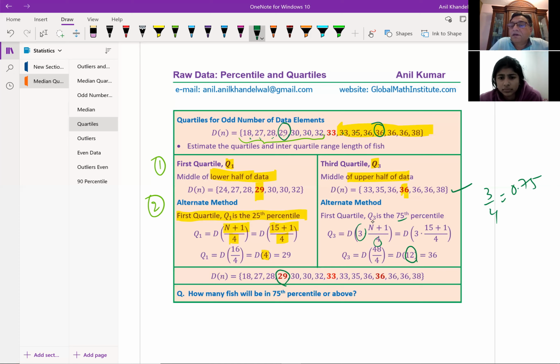Because if I divide 15 by 2, I do not get 8. I get 7.5. If I get 7.5, then I have to take the average of these two values. Do you understand? The average of 32 and 33 will be 32.5. In that case, the answer will be 32.5 as a median.